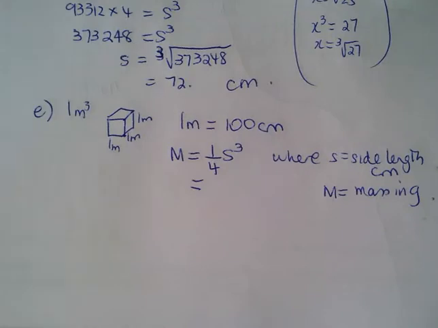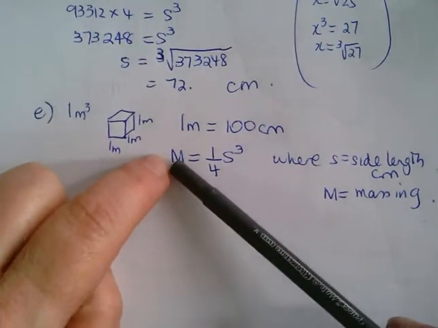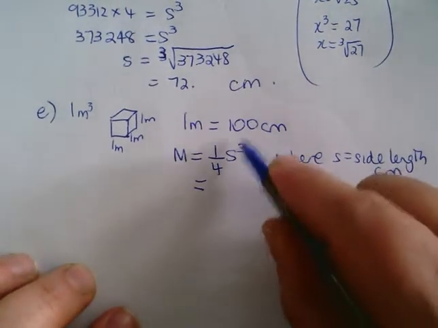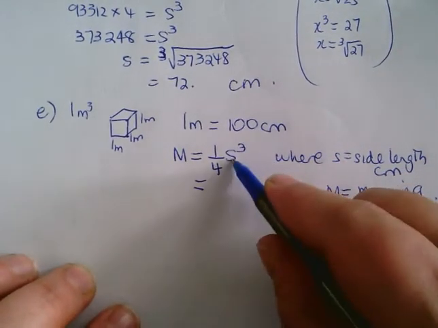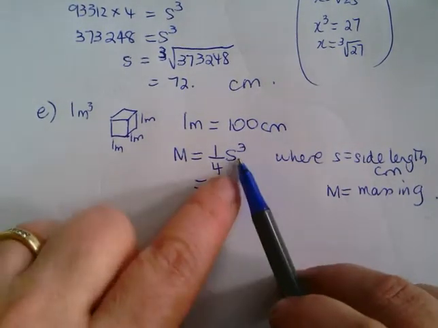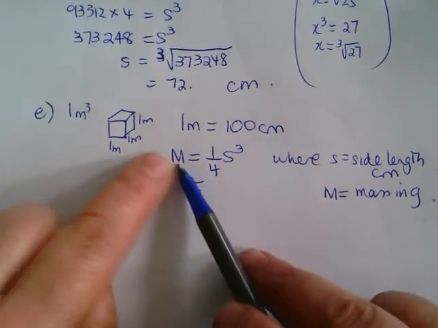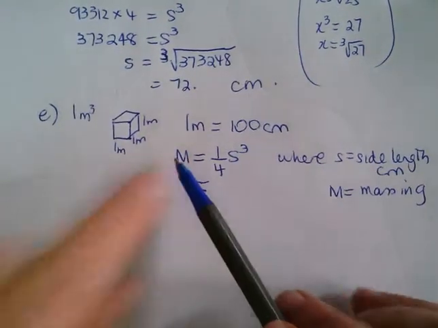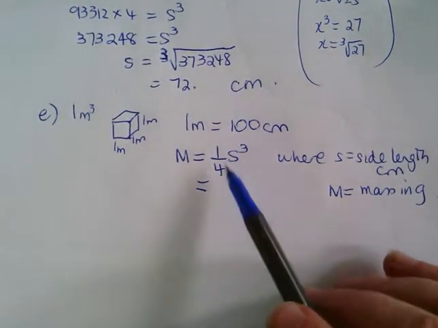It'll spit out the answer in the units of the formula. Then you're going to have to convert again. So you can only put centimeters into this formula if you're substituting S. And if you're substituting M, you can only put grams into the formula, not kilograms. And the formula spits out grams, not kilograms, right?